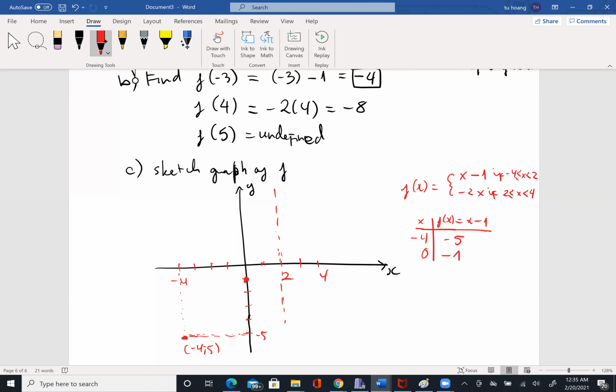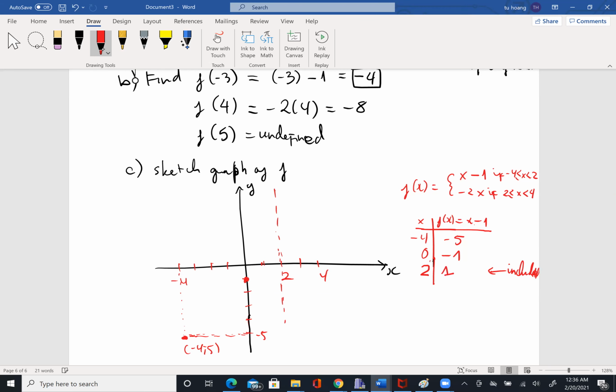You can also find a point that is actually not included. A value that is not included is 2 in this case. So I note that it's not included. But let's see where it's gonna go, right? So put 2 into this function, and I have 2 minus 1 will be 1.